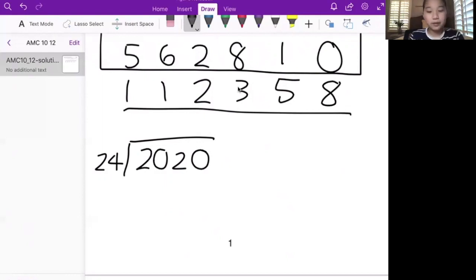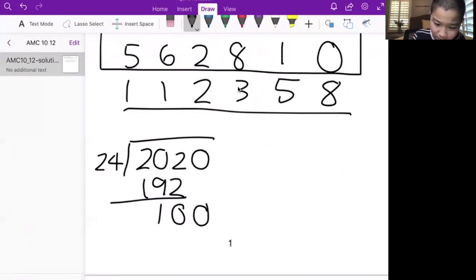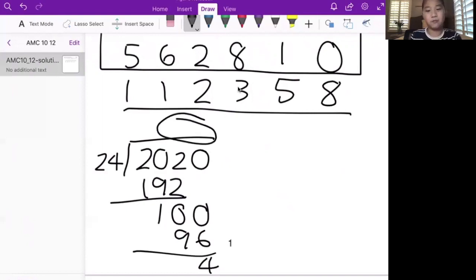This time it will require some calculation. It's 192. And then 100 minus 96, that would be 4. We don't need the quotient here. We just need the remainder. So the remainder is 4.